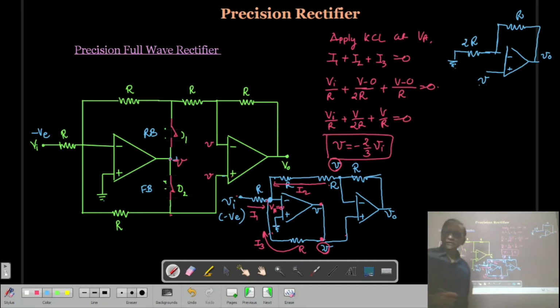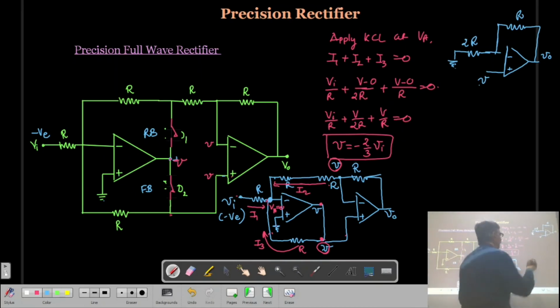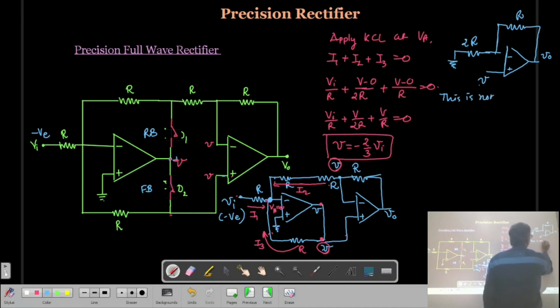Now what kind of circuit is this? It is nothing but a non-inverting amplifier, and in a non-inverting amplifier, the output is given by 1 plus RF by R, that is R divided by 2R, into the input voltage.